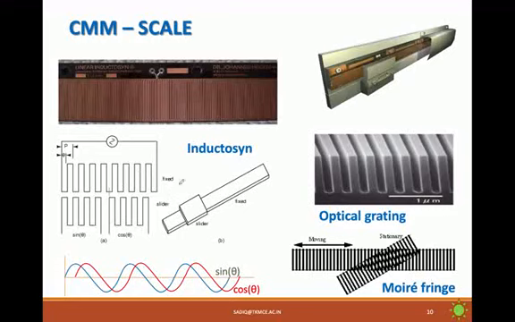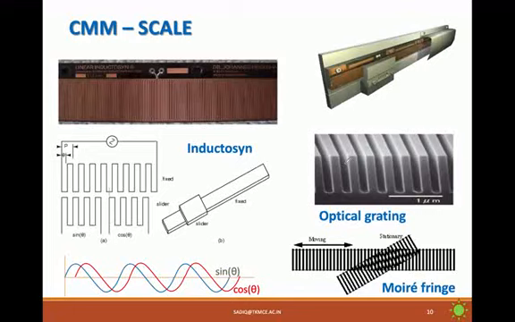So when the slider moves with reference to the fixed main scale, then magnetic induction happens and an output voltage will be developed, and based on the output voltage and the phase given out by the system, the position of the slider with reference to the fixed scale can be taken, and that is taken by the system for further computation.